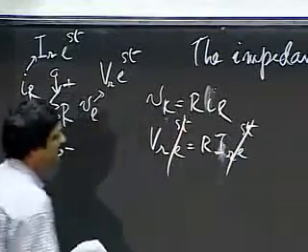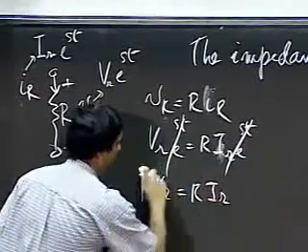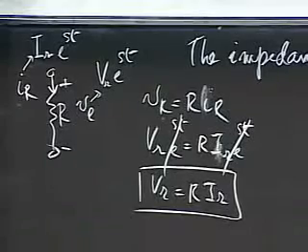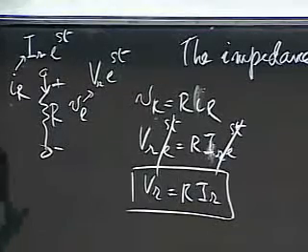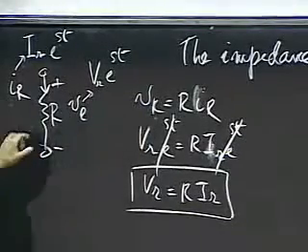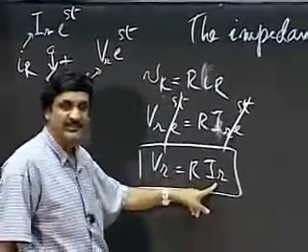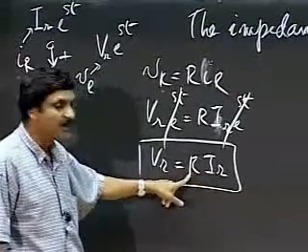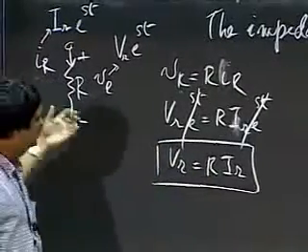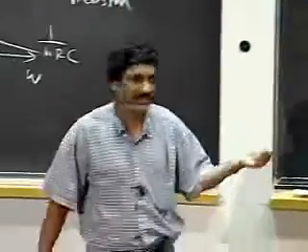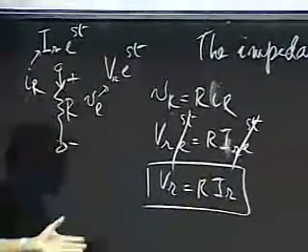I cancel off e to the ST, and so I get VR is R IR. Interesting. So for the resistor, based on the fundamental principles of resistor action, the complex amplitude of the voltage relates to the complex amplitude of the current by the proportionality factor R. In other words, just as the time domain V and I were related by the proportionality constant R, the complex amplitudes VR and IR are also related in the same way.